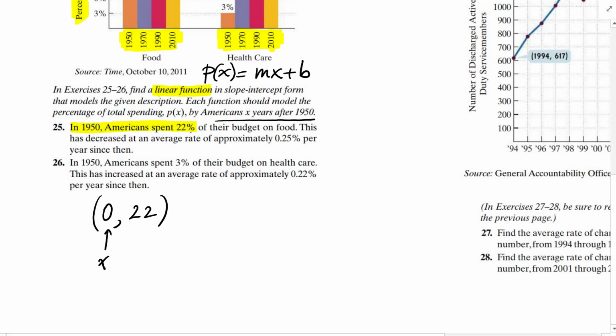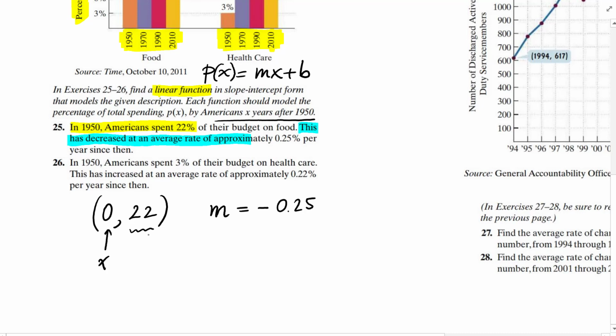And then instead of 22%, I just put 22, keeping in mind that I have percentage there. Then they told us that this has decreased at an average rate, so decreased, and at an average rate, it's m, and it decreased, which means minus 0.25% per year. So I chose to write 0.25 instead of percent because of writing 22 instead of 22%.